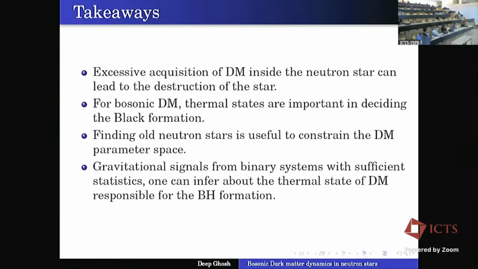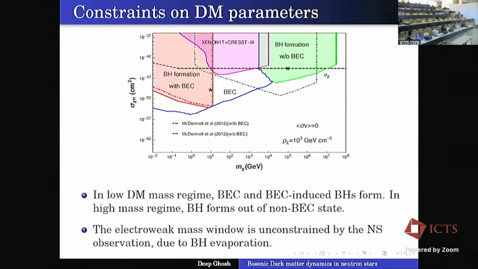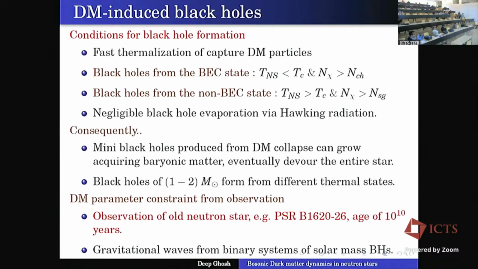So this graph is generated assuming a 10 to the power 10 years old neutron star. You want old, isolated neutron stars, which would rule out the 350 or so millisecond pulsars, because those are really old.